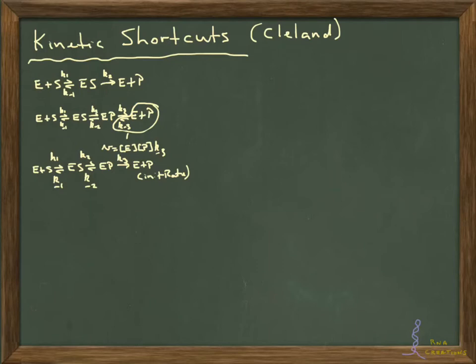We're going to make k minus 2 disappear. We're going to turn this into a set of effectively irreversible rate constants, and then we'll go back and fix it.